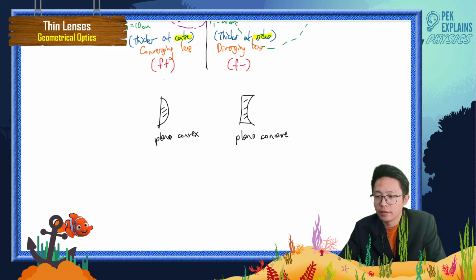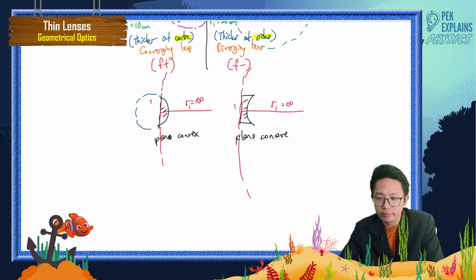So the first surface has radius equal to infinity. The second surface is also a sphere, but a smaller one, so the second surface has radius R2, and the sphere is over here.